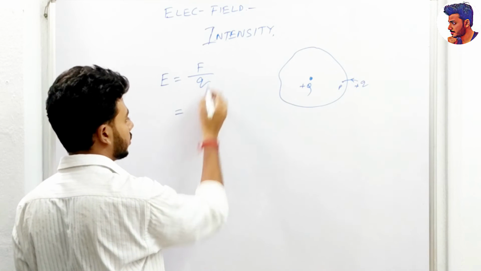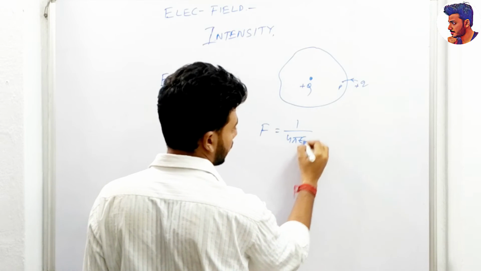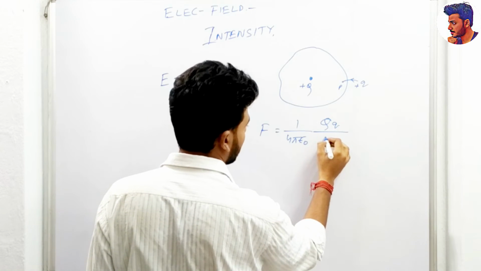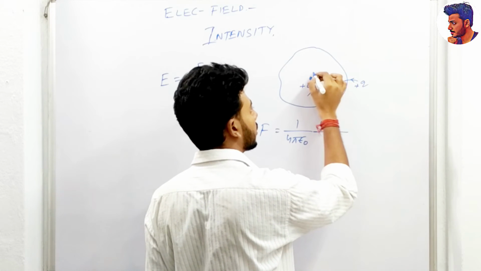So what is the force? Force equals 1 by 4 pi epsilon 0 times Q divided by R square, where R is the distance.